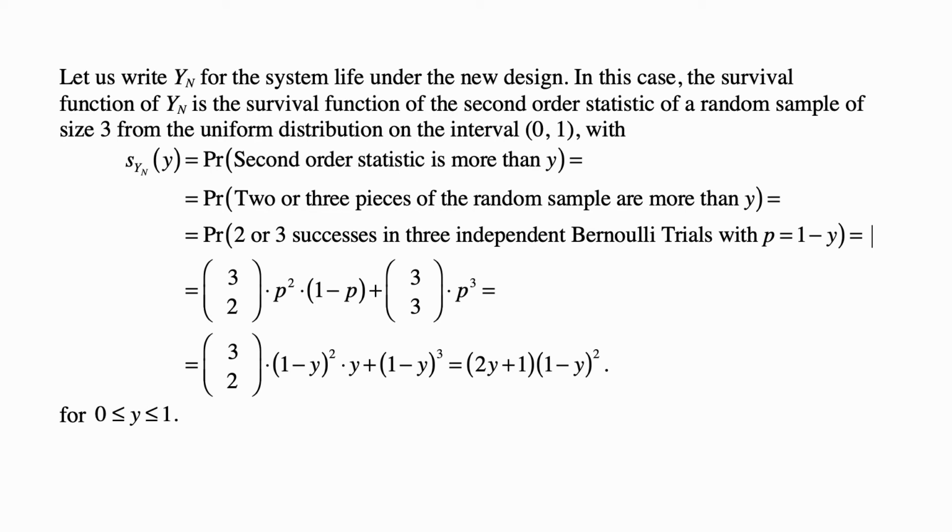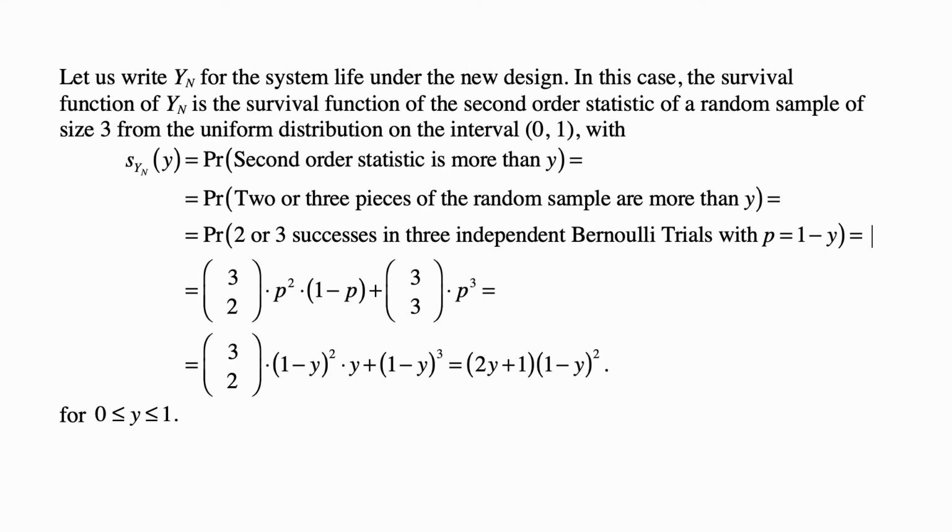So how do we get 2 or 3 successes in 3 independent binary trials with p equal to 1 minus y? Well, we know the answer from the structure of the binomial distribution with n equal to 3 and the probability of success p, which is 3 choose 2 times p squared times (1 minus p) plus 3 choose 3 times p cubed. So 3 choose 2 times (1 minus y) squared times y plus (1 minus y) cubed.